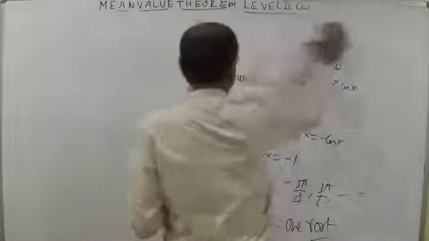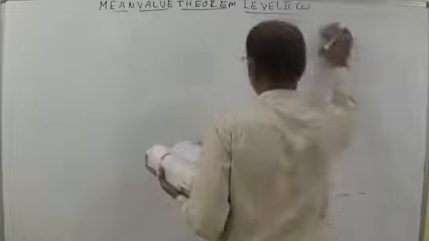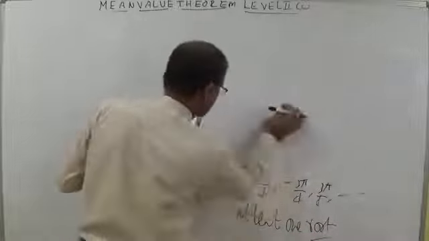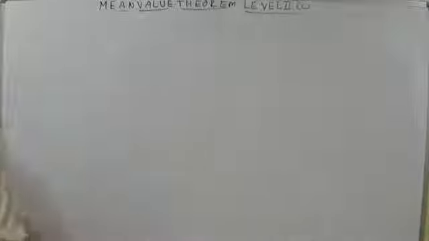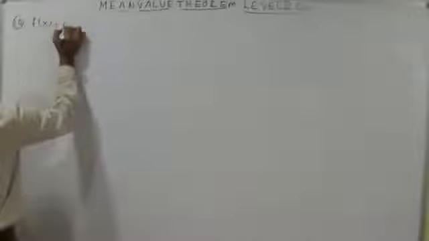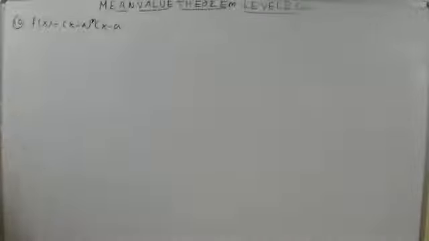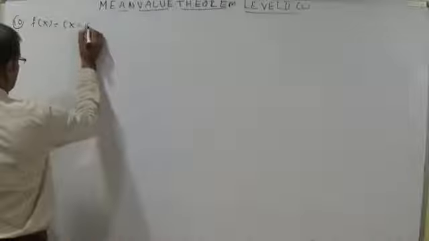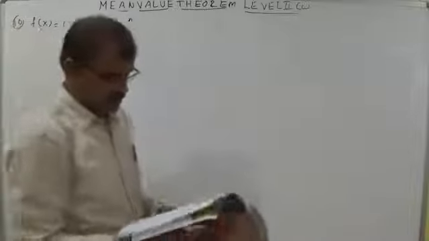The question: f(x) = (x - a)^m (x - b)^n in the closed interval [a, b].